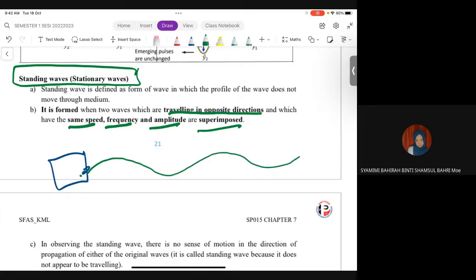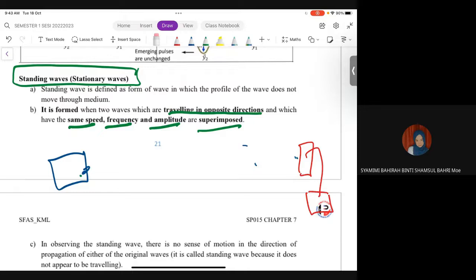gelombang. So lepas tu dekat ujung you tu sebenarnya ada apa? Ada puli kan, you letak mass. Dia langgar tau dengan surface ni. So bila dia langgar, what happen? Bila dilanggar dia akan menghasilkan superimpose.